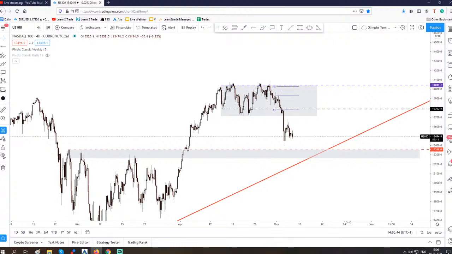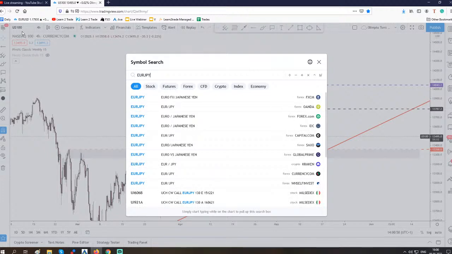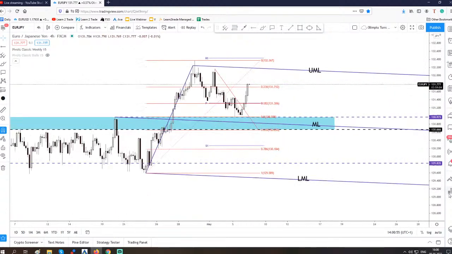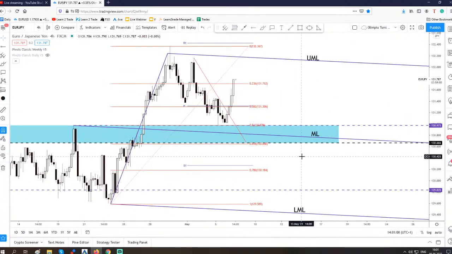Yeah, we will talk about Euro versus the Japanese yen again. I've talked about this pair. This continues to run in profit, guys, and it could approach and reach our take profit today, guys.